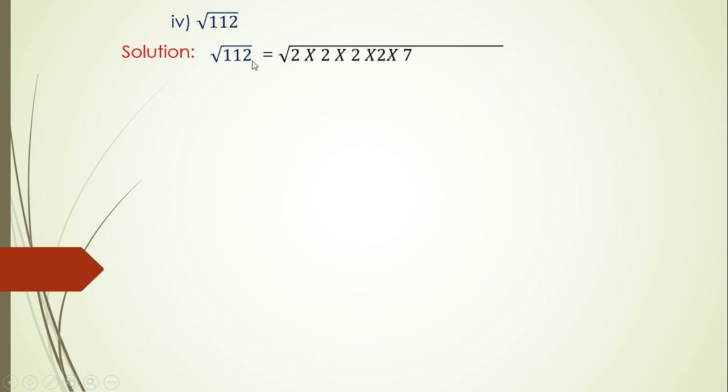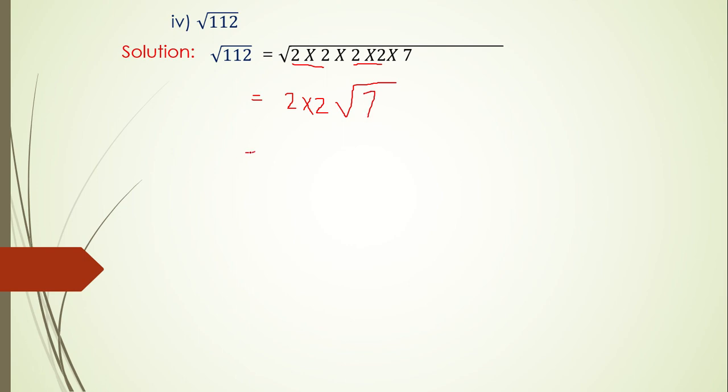Now this is 112. I have factorized 112. Now 2 has come 4 times. So when it comes out, the number that has come 2 times will be written only once. 2 into 2, and then what will remain inside the root sign is 7.